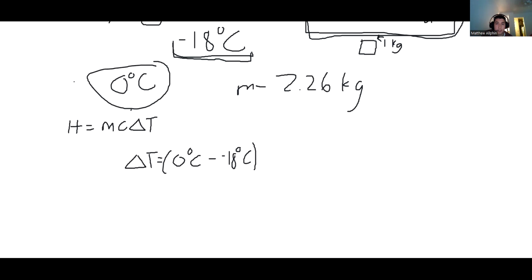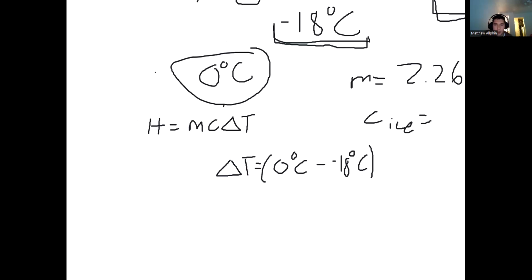And then the specific heat for ice is, and I'm going to need the latent heat as well. So I'll write that down, latent heat, specifically of melting, or of fusion. Both are the same. Let's see.